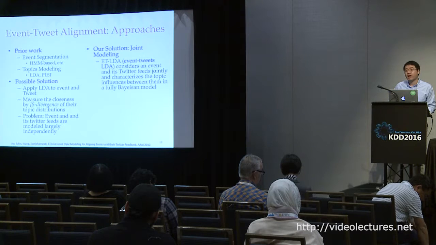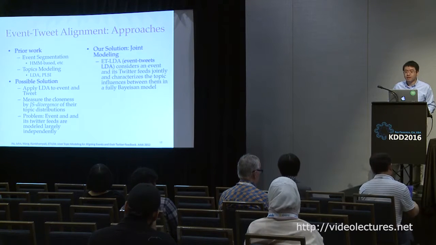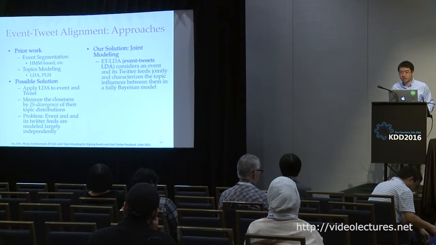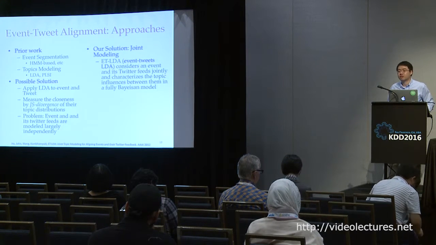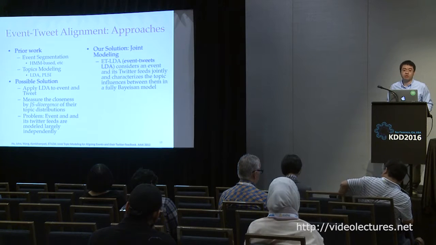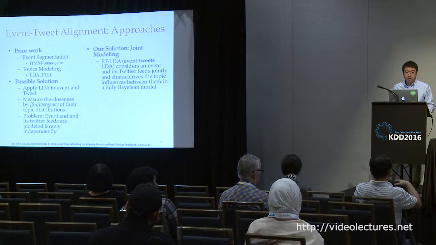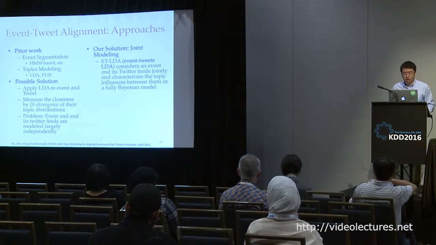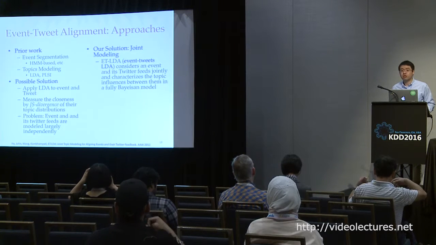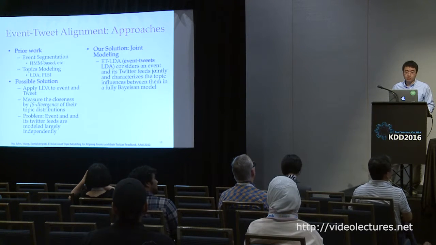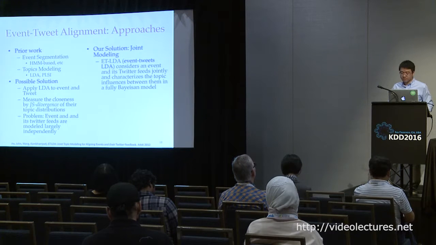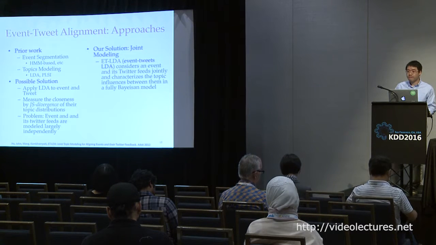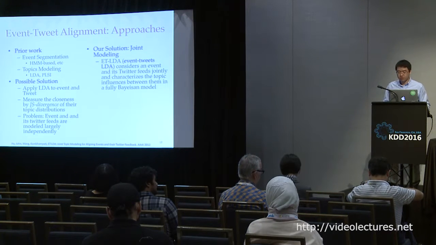Once we have the event segments, we can apply topic models, such as LDA or LSI, to model the topics. Then we can measure the distribution similarities between the topics of the event segments and the topics of the tweets to establish the alignment. So this is one of the possible approaches.